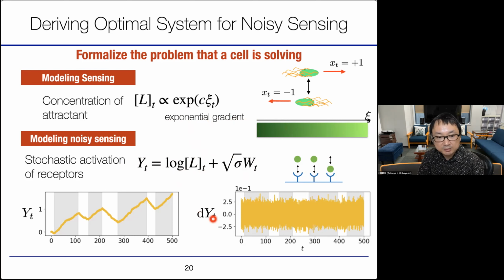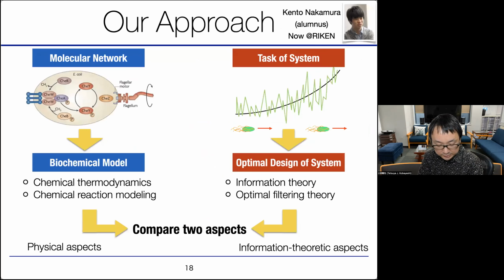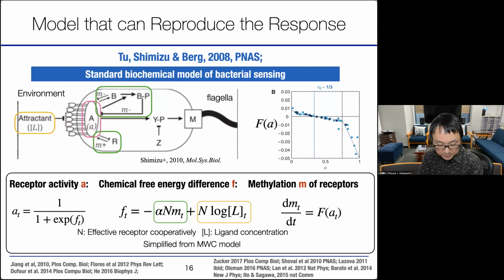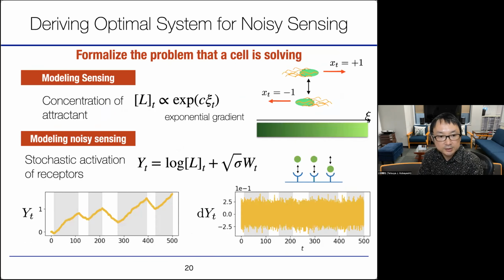So its time derivative is very noisy. Here we have a Wiener process. And we have a log here because we want to compare our result with the biochemical model later. This log comes from the biochemical model already proposed.